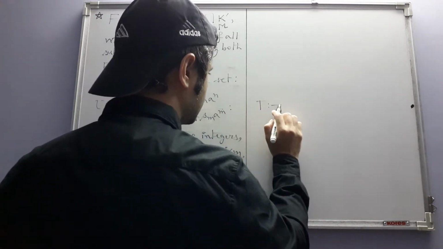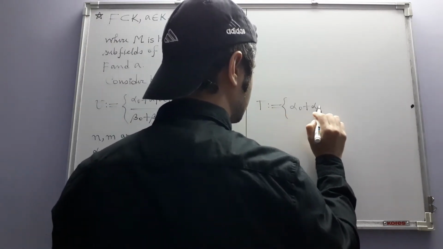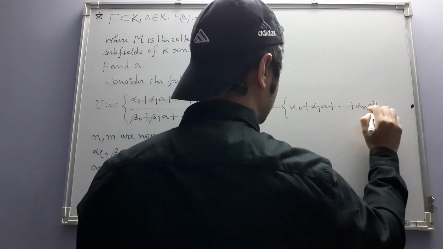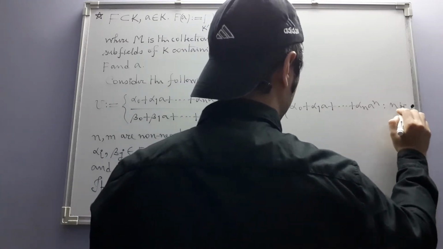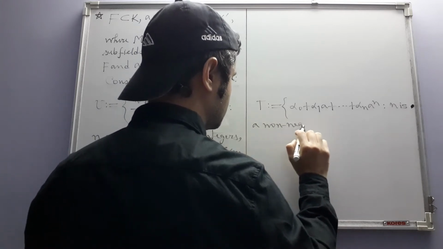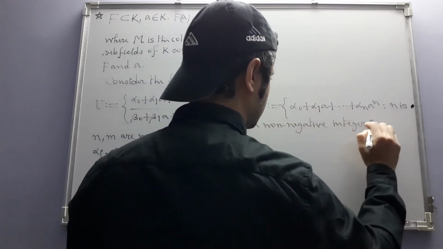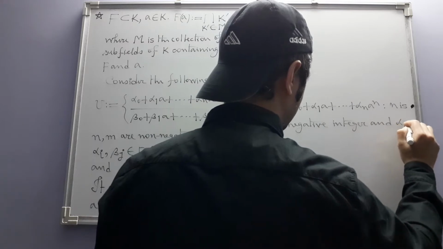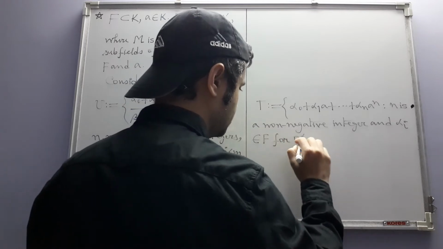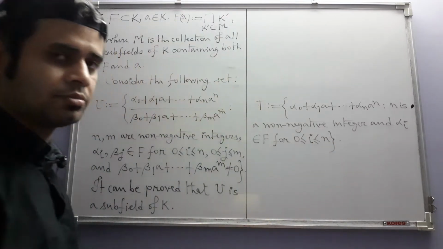You consider another set T which looks like this, where n is a non-negative integer and alpha i belongs to F for i varying from 0 to n.